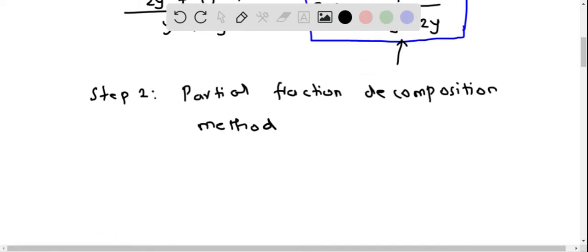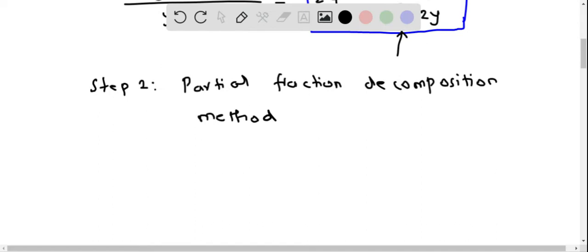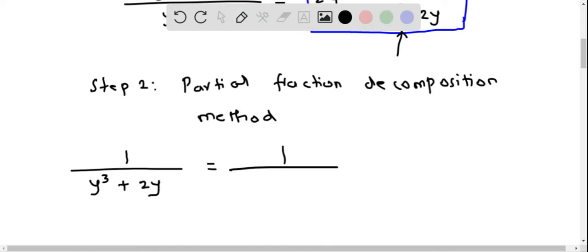So let's consider this proper rational fraction, that is 1 over y cube plus 2y. So this can be written as 1 over, we factor y from the denominator polynomial. So when we factor y, we can write this as y squared plus 2.